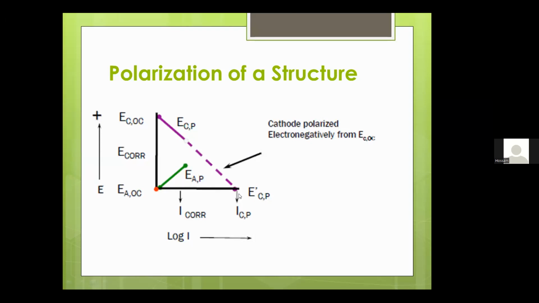And this value is the cathodic protection current. So the cathode is polarized electronegatively from the E cathode open circuit to the E cathode polarized here and to the open circuit potential of the anode here.